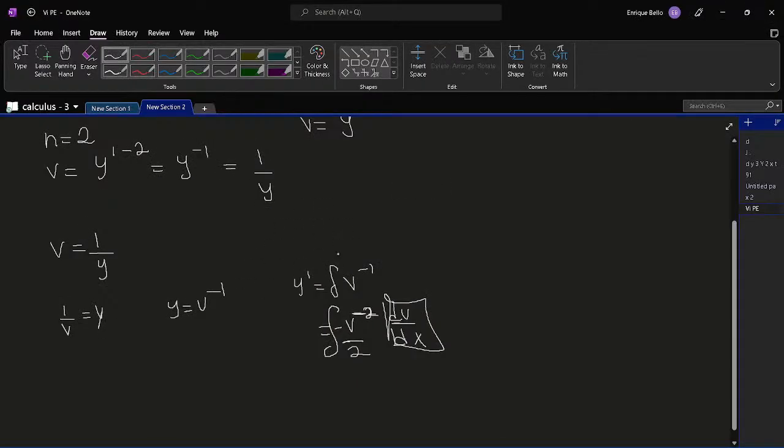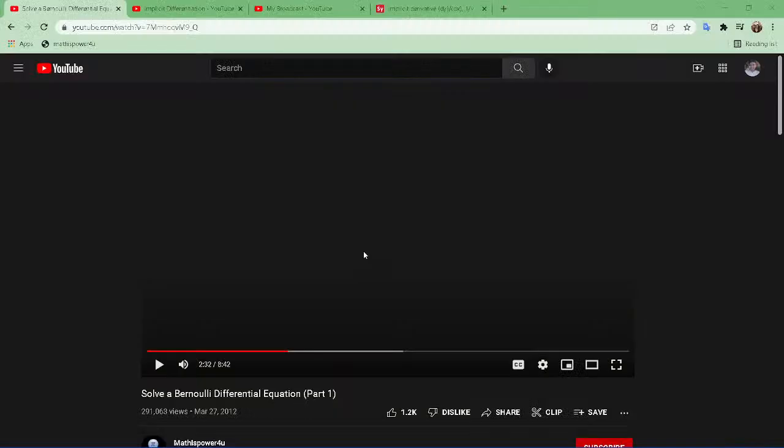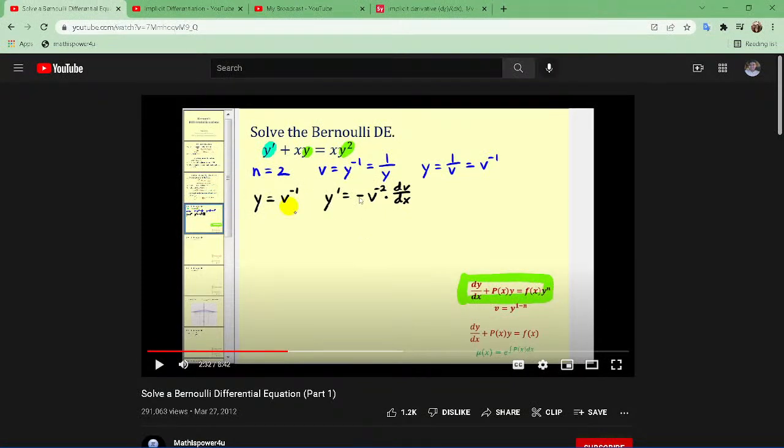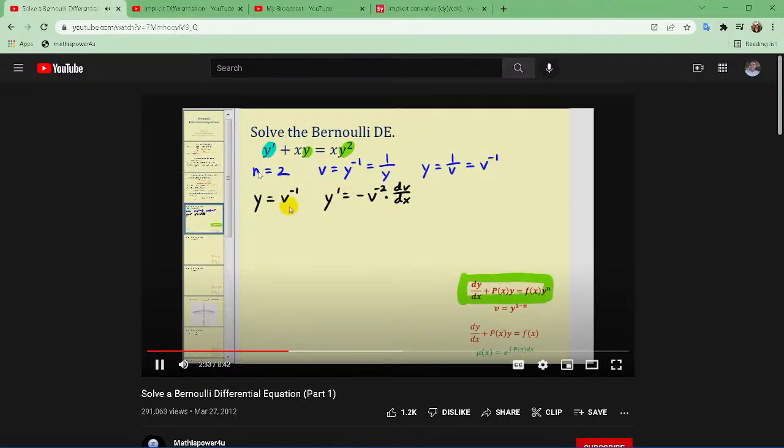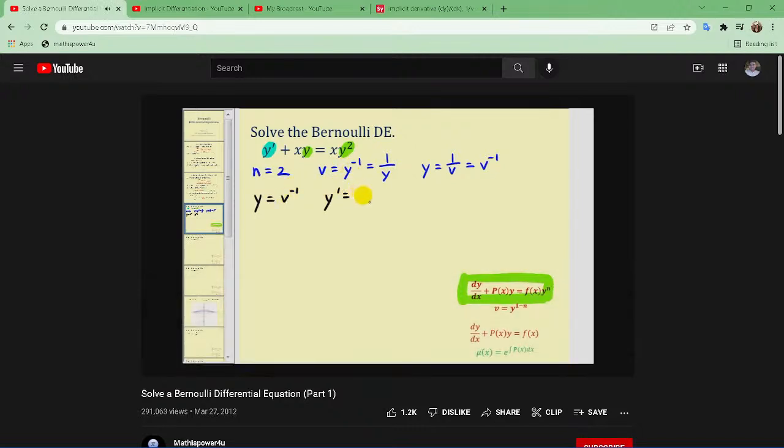Oh, I have no idea how to do this. How did he get minus v? Minus v and now squared. We'll go ahead to x2, or negative v to the negative equal to negative 1 times v to the negative 2.